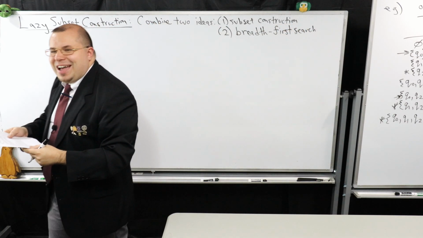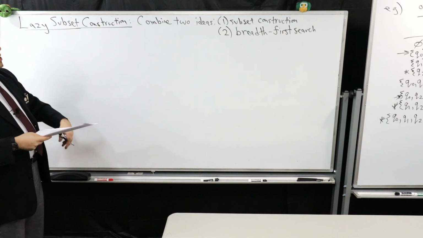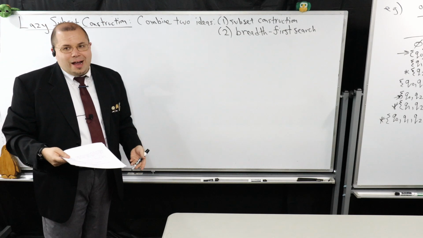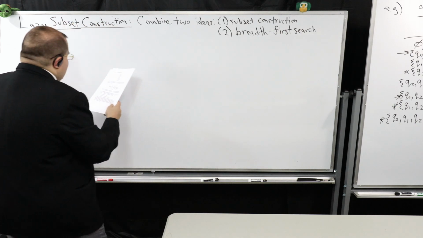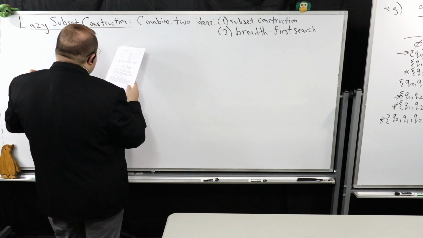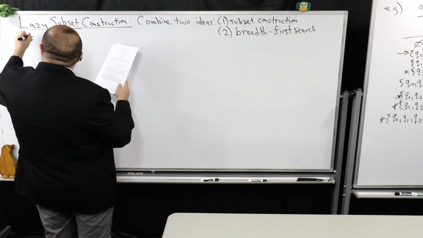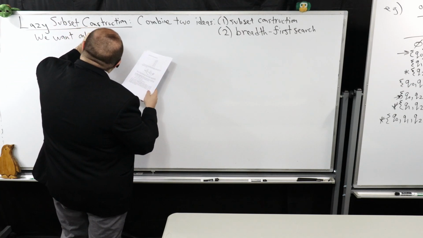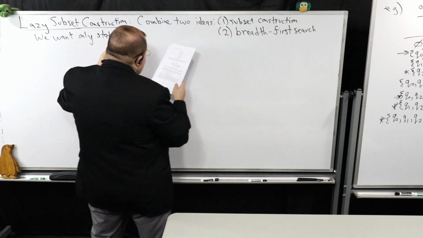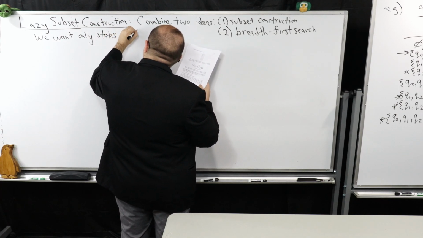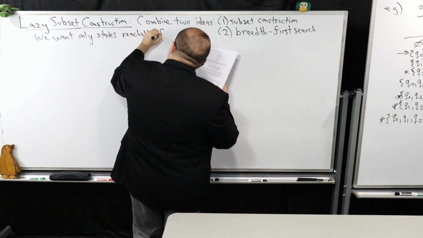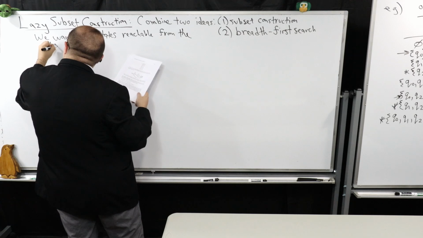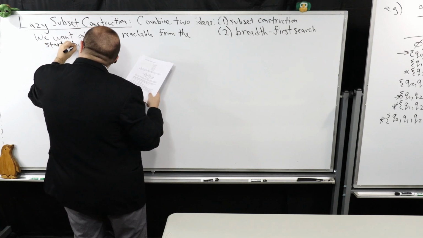You might know this as DFS, but you can think of this as any old graph traversal algorithm that you would use on a directed graph. We want only states reachable from the start state.